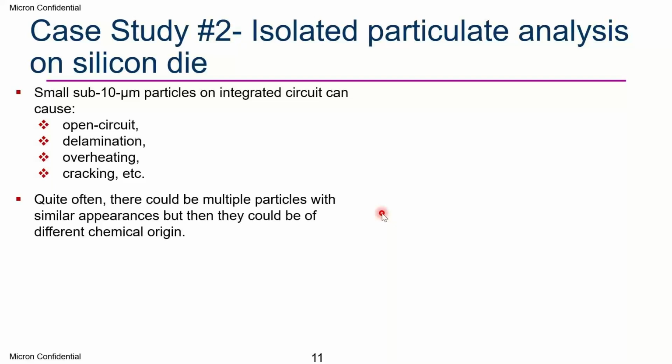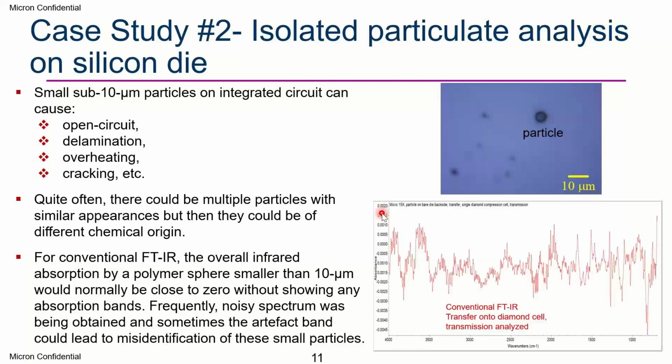So now, you can see this FTIR spectrum. We have this particle, and we analyze it. Even though we use transmission onto a crystal, so that the background is only crystal, we're still not able to generate any useful data, and it's mostly artifact bands.